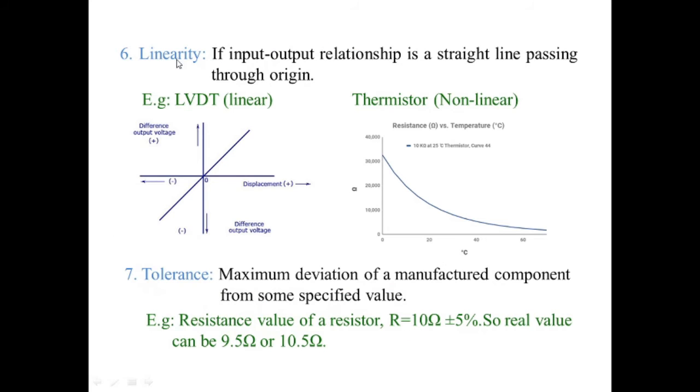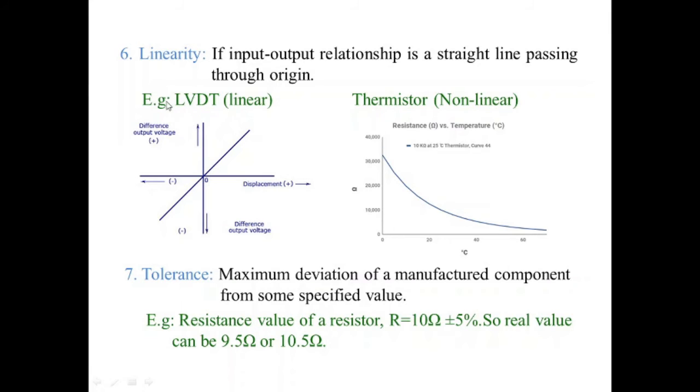Next one is the linearity. The sixth static characteristic is linearity. Here, if the input-output relationship is a straight line passing through the origin, then we call that system linear. For example, the linear variable differential transformer, which is what LVDT stands for.